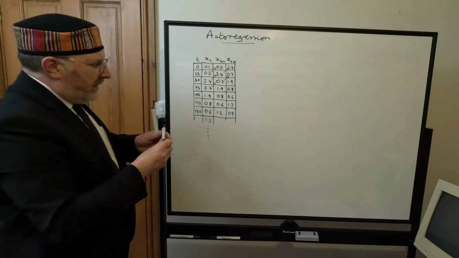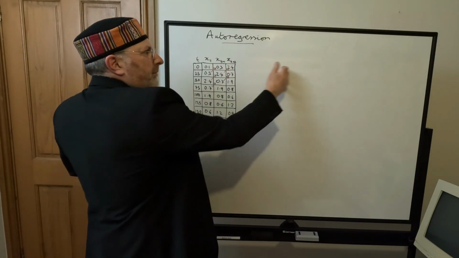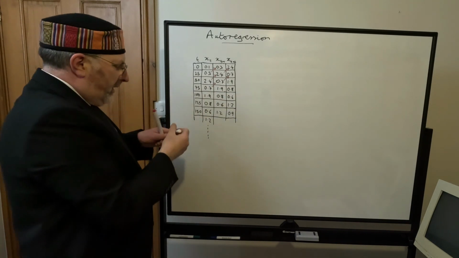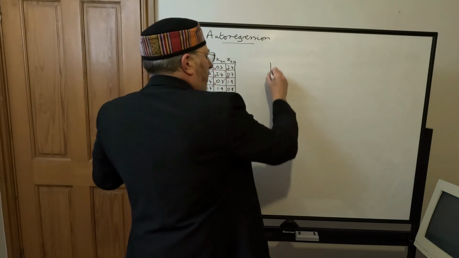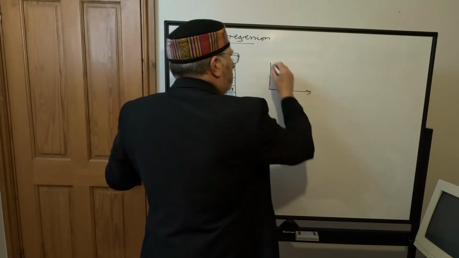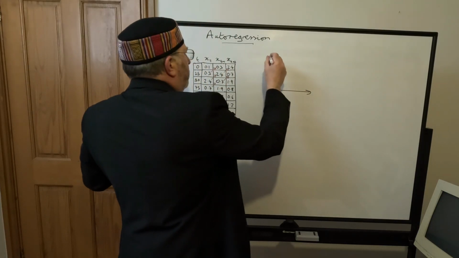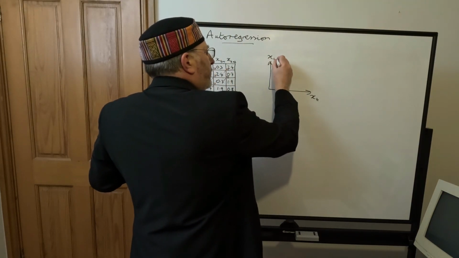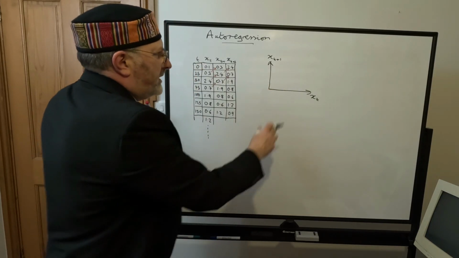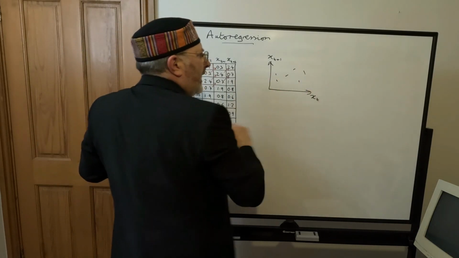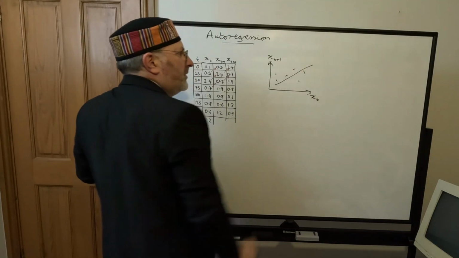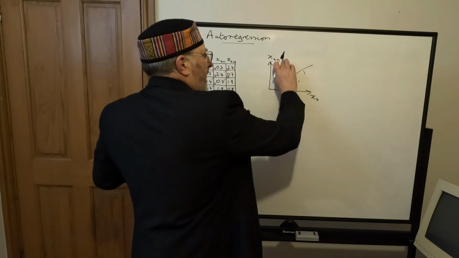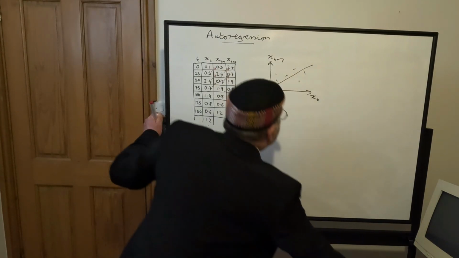And so we do that for all different lags, as much data as we've got, and we then just plot x t plus 1 against x t, calculate the correlation coefficient, do the straight line fitting, calculate the correlation coefficient, and then do the same for t plus 2.